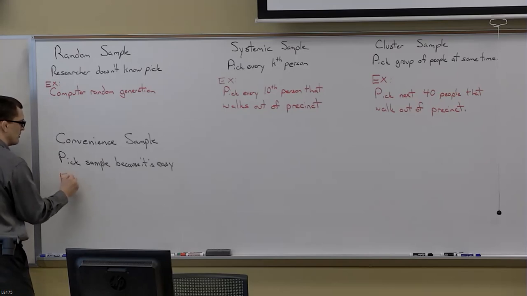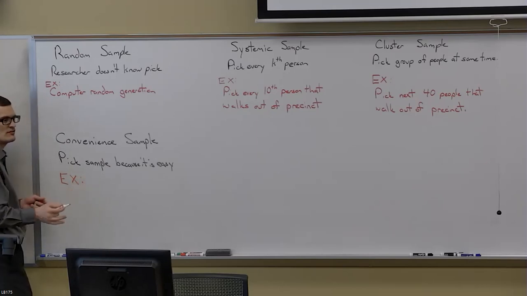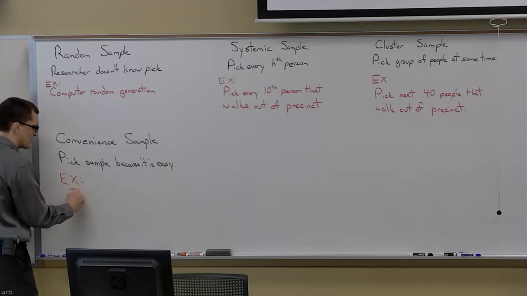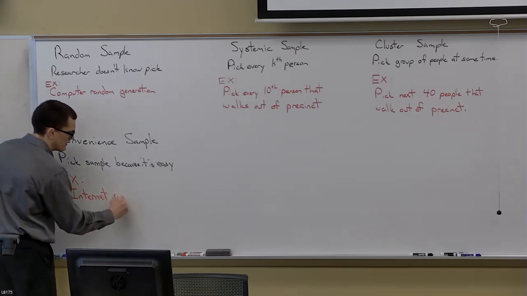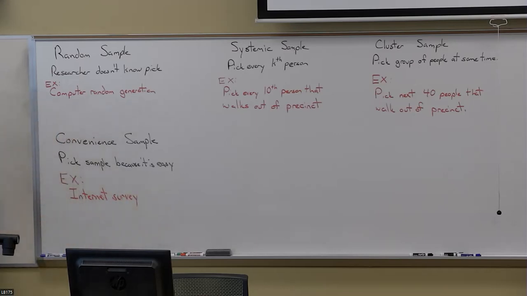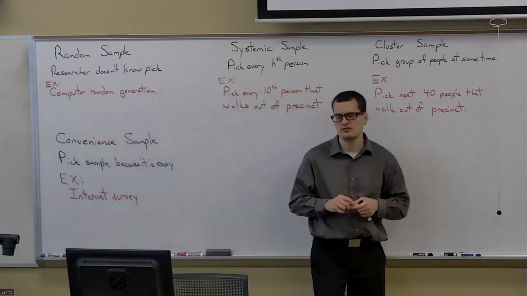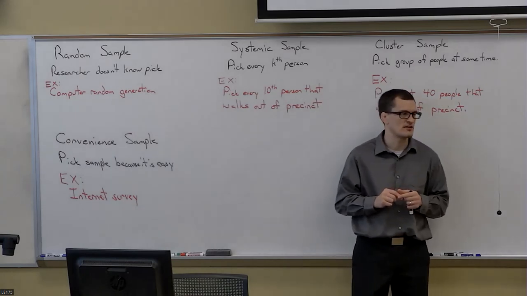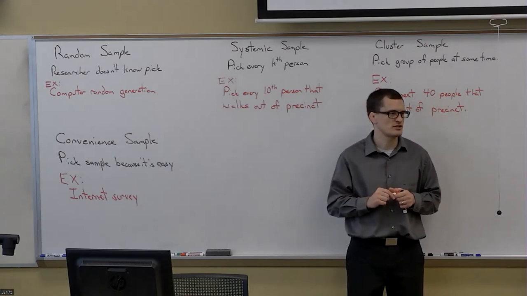Another example of a convenience sample is if we put out a survey on the internet and people can choose to respond or not. By the way, when somebody can choose to respond or not, or ignore the survey altogether, that's called a self-selected survey.